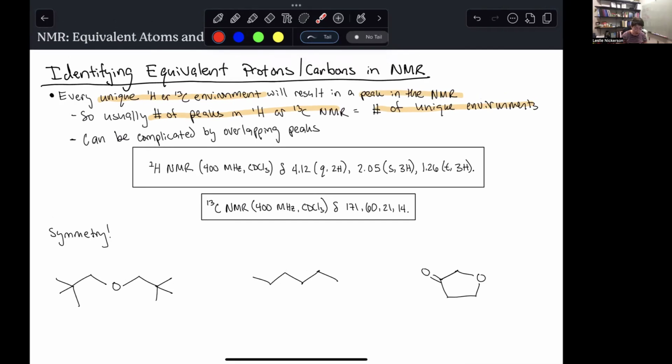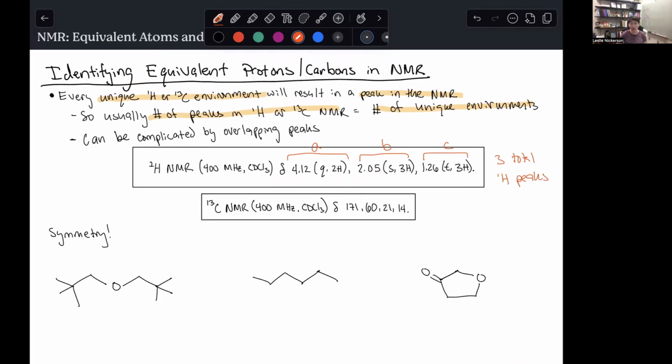But when we're looking at equivalent protons and carbons, we are really looking at how many of these do we have. So in this case, we've got 3, where we're thinking about an A peak here, and a B peak here, and a C peak there, with 3 total proton environments.